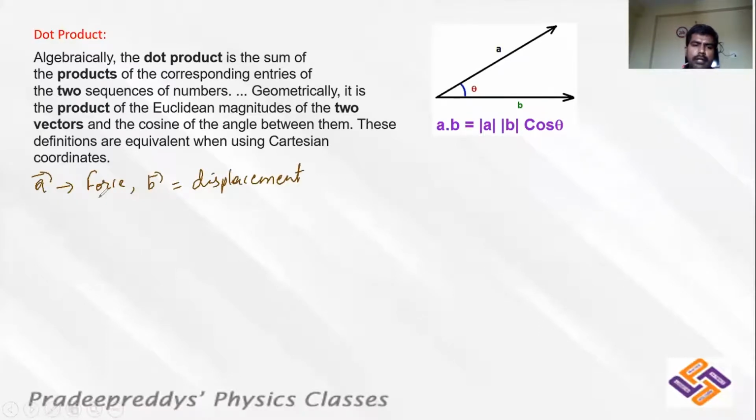Displacement is a vector quantity. Force is also a vector quantity. You are multiplying these two vector quantities so that you will get some physical quantity, right? And depending on its nature, you can tell whether it is scalar or vector. So generally, force multiplied with displacement gives you work done. Work done is a scalar quantity. Such type of multiplication is called dot product.